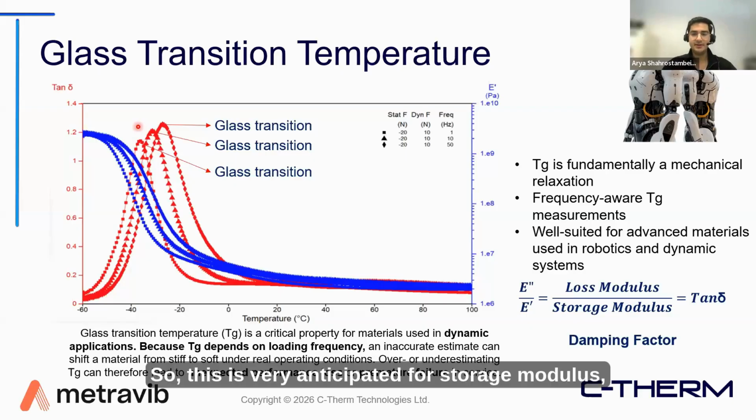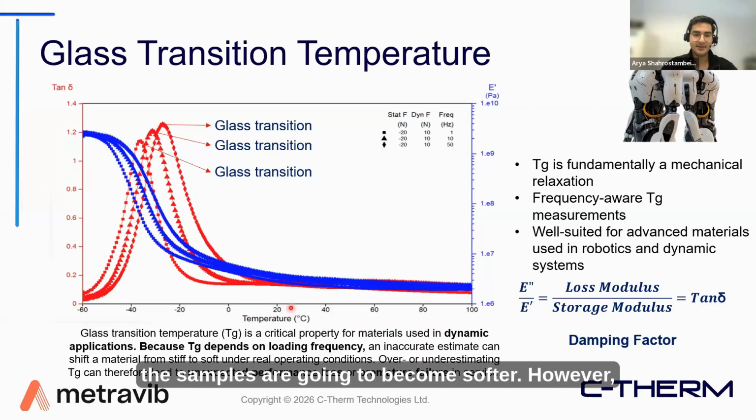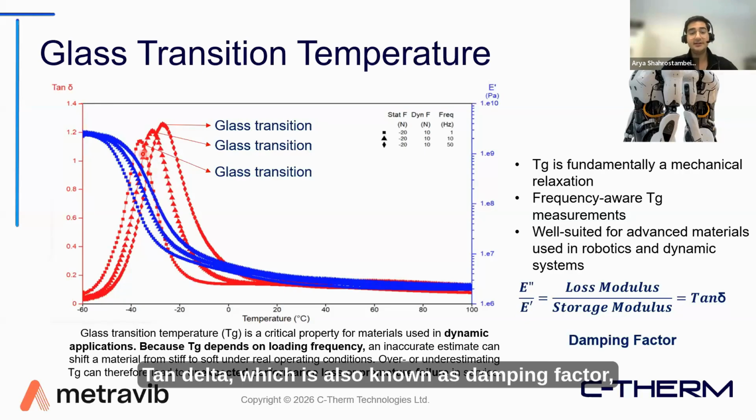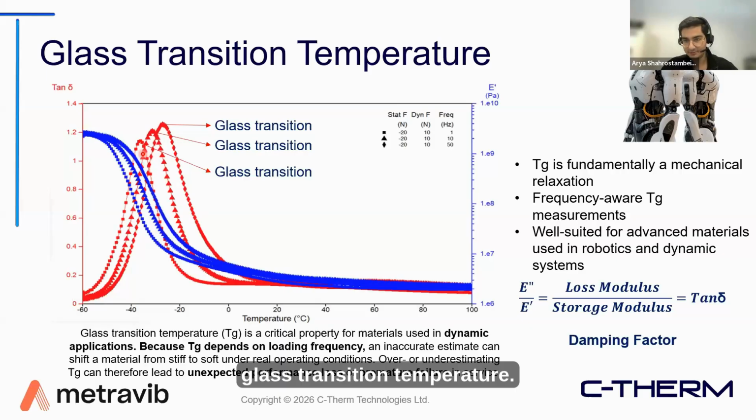This is very anticipated for storage modulus to drop across the temperature since it is tightly related to stiffness. As you heat up your sample, the sample is going to become softer. However, the importance of a DMA test for glass transition temperature is the peak in tan delta. Tan delta, which is also known as damping factor, is the most accurate technique to understand glass transition temperature.